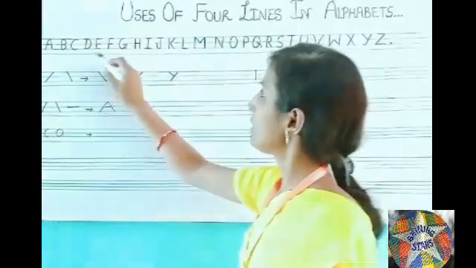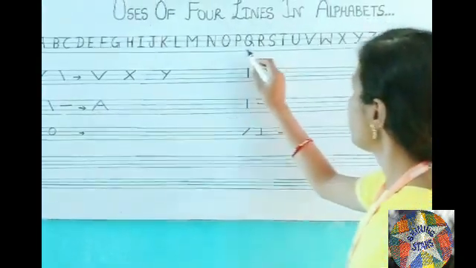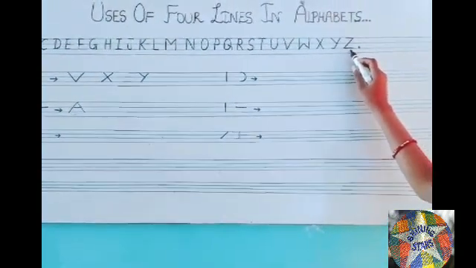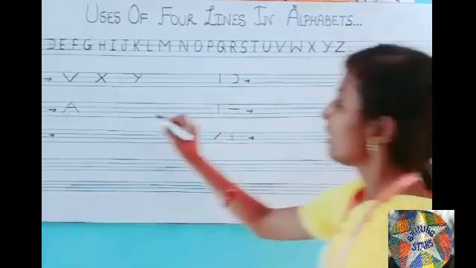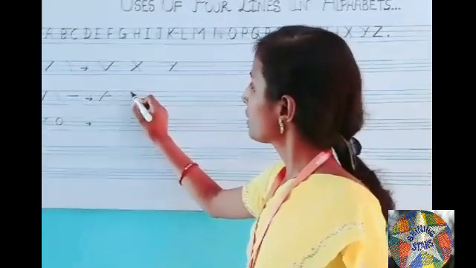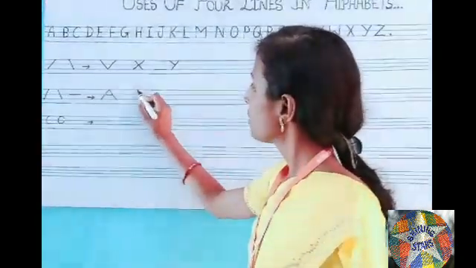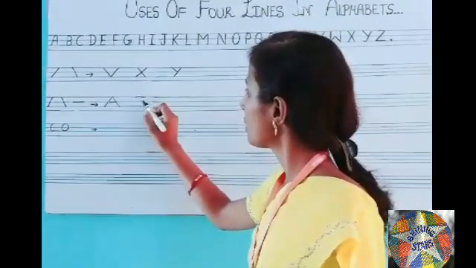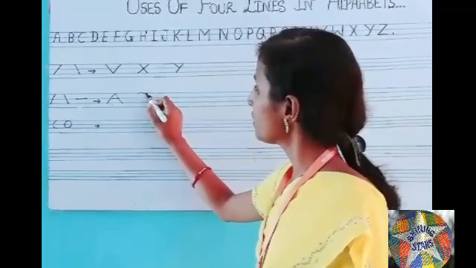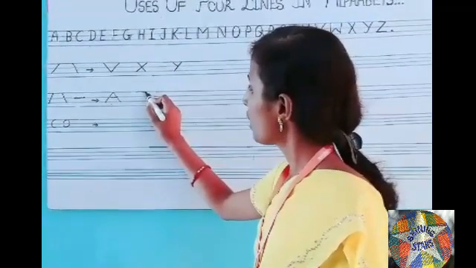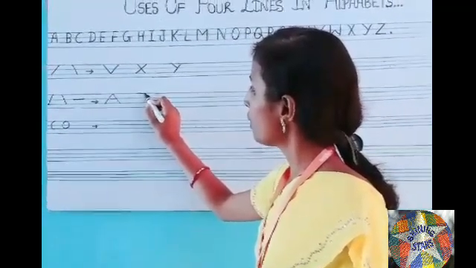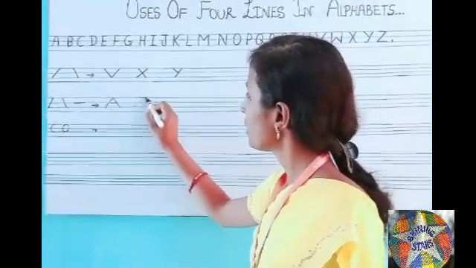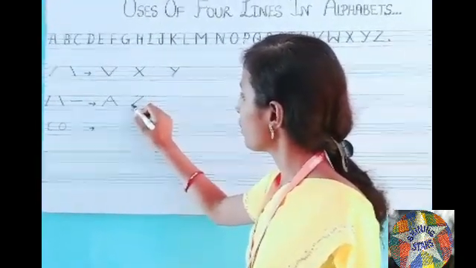Find another letter with slant and sleeping lines. Now look, Z. How will you write Z? First, the sleeping line. Then we will use two dots and join these dots. Again a slant line in Z. So count the lines, 1, 2, 3, and join these dots.